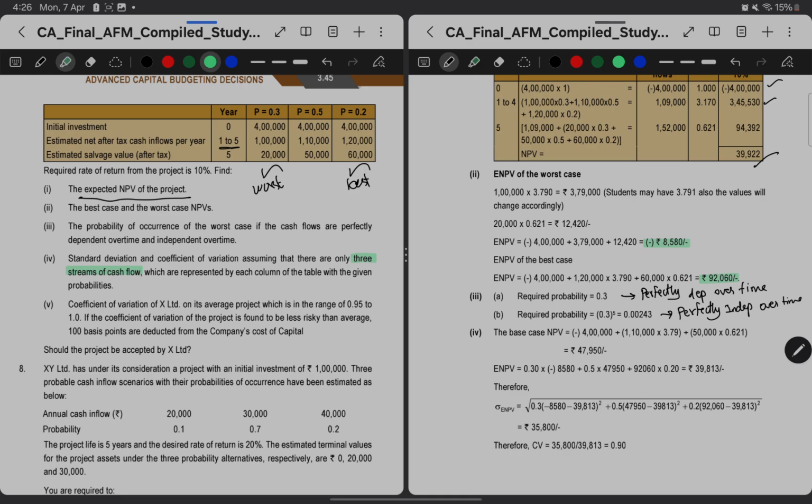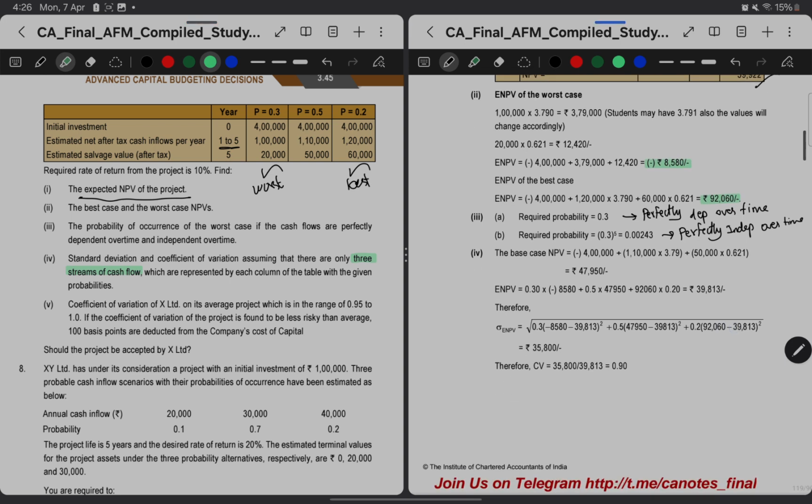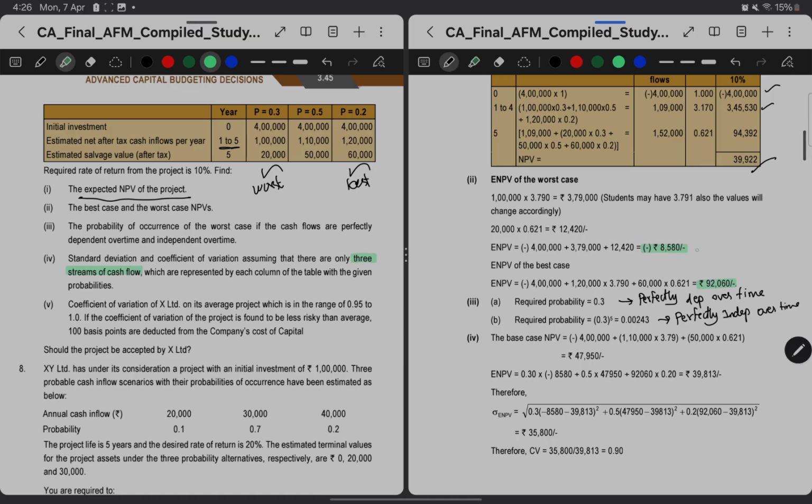After calculating all the NPVs, then multiplying them with the probabilities, we'll get the expected NPV. Using that expected NPV, we have to calculate the standard deviation and coefficient of variation. They have done the same thing. Since in the second requirement we calculated the best case and worst case, they have calculated the most likely case, which is 47,950.